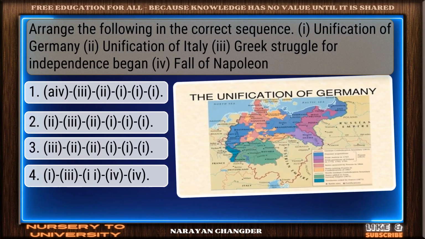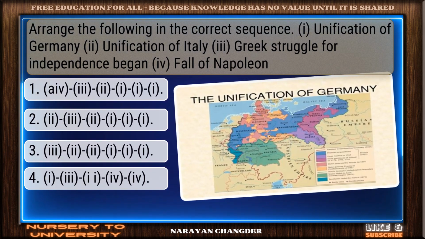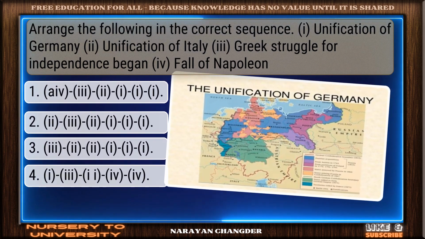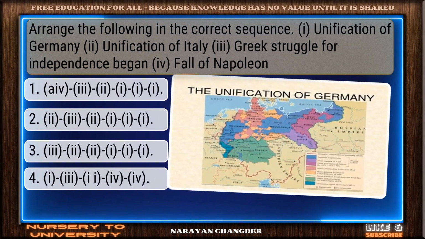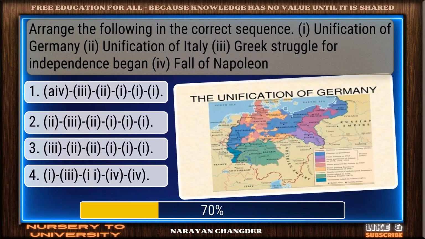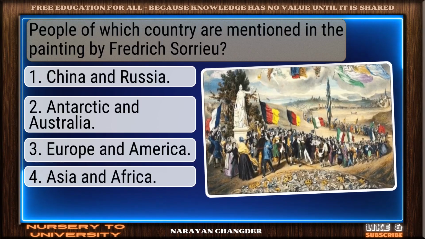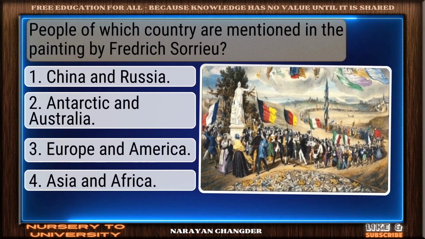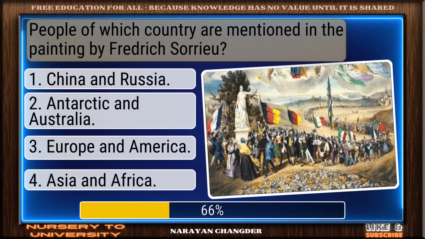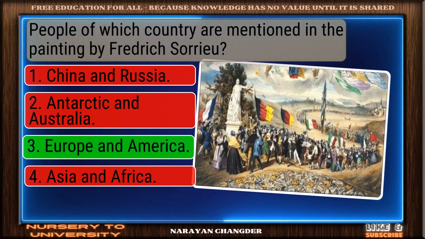Arrange the following in the correct sequence: Unification of Germany, unification of Italy, Greek struggle for independence, began fall of Napoleon. Well reasoned. People of which countries are mentioned in the painting by Frederic Sorrieu? Excellent choice. Europe and America is right.